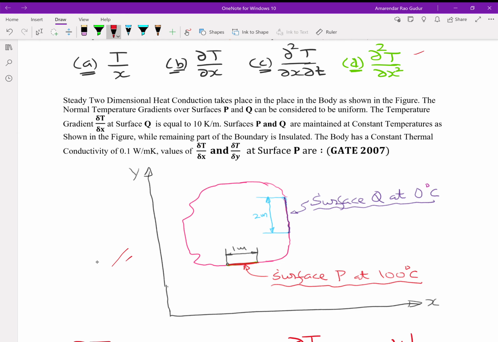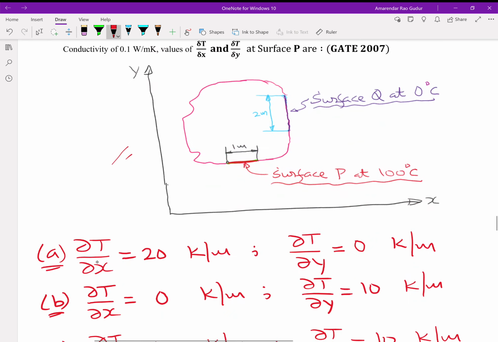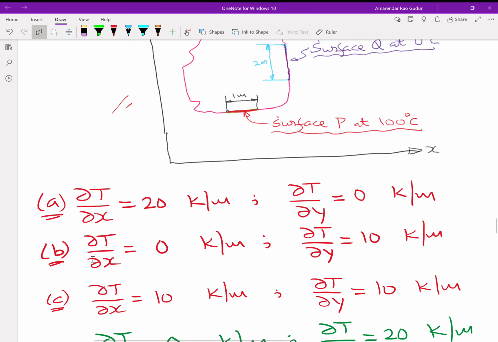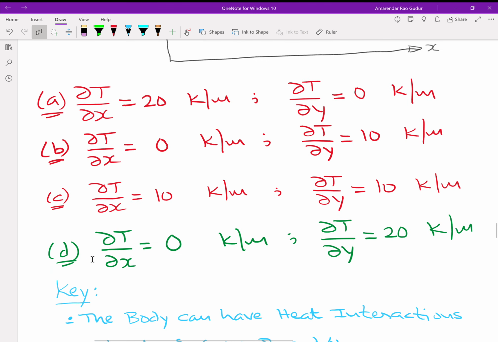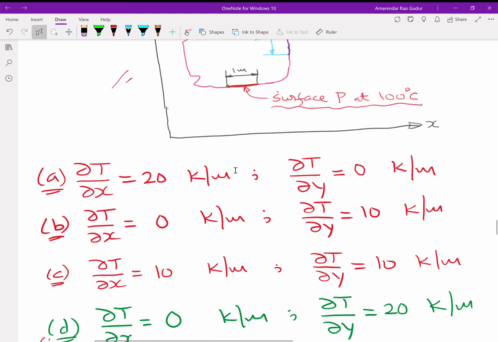The values of del T by del x and del T by del y at surface P are asked. Obviously, del T by del x will be 0 because temperature is uniform all along. Therefore, options A and C can be overruled. You are left with options B and D, and we are going to show that option D is perfectly correct, just by making logic.